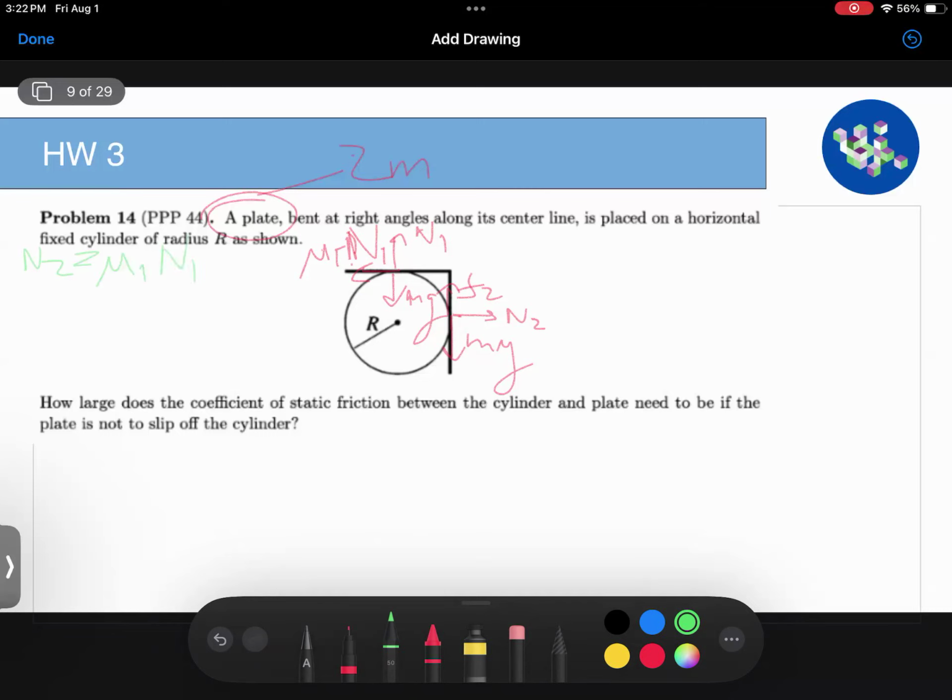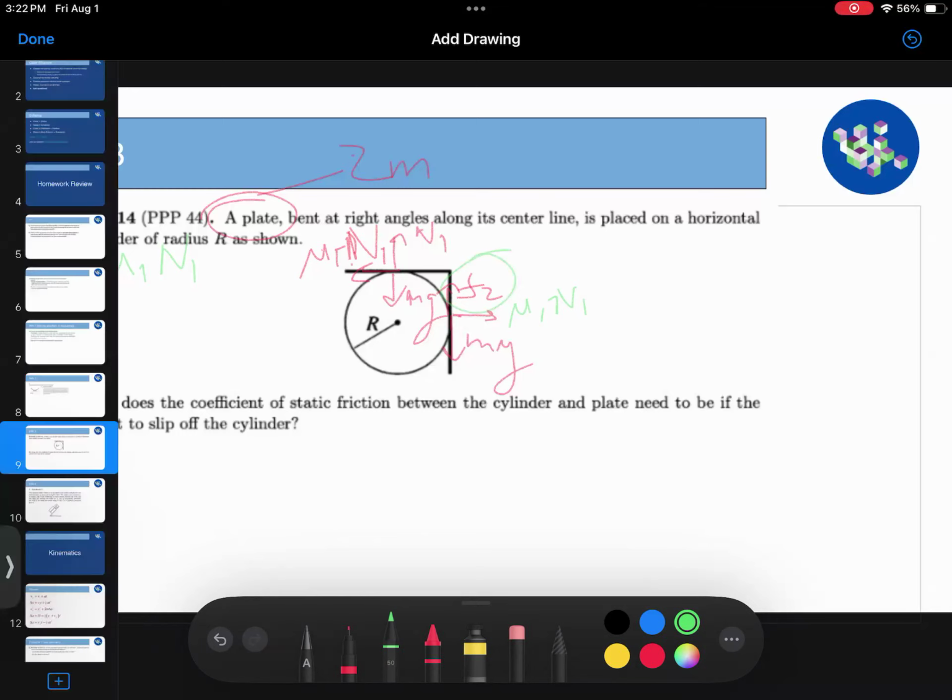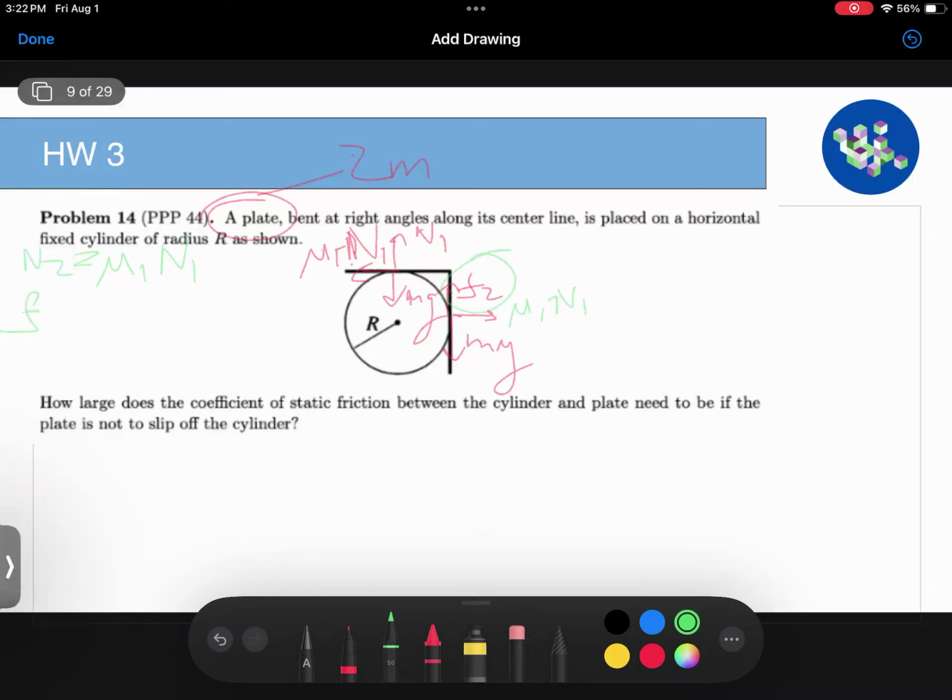So let me replace N2 over here. I'll write instead mu1 N1. Now, what does this mean about F2? Because we know that F2 equals mu2 N2. By the way, you might be wondering, why am I using mu1 and mu2?